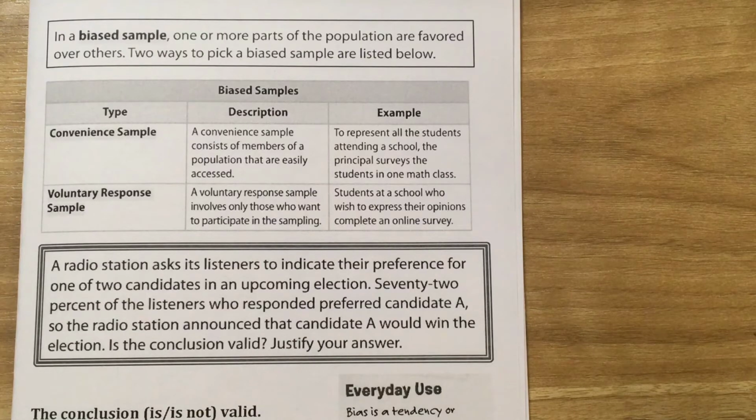In general, a convenience sample is like if we were to just survey my math class out of an entire school. One 7th grade math class is not a good representation of the entire school. A voluntary response is where you take a sample of people, part of the population, who just want to respond.